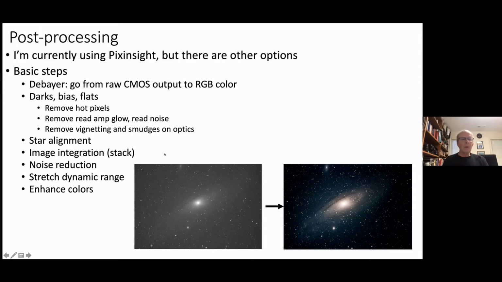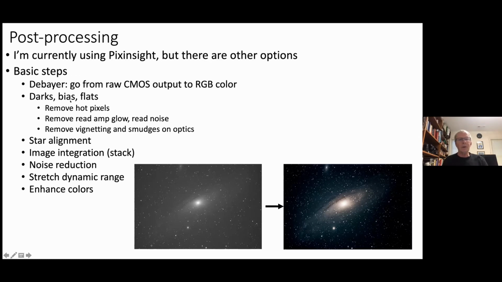And then the flats you take with a very flat light source. The cheap way is you set the telescope up in the early evening and cover it with a t-shirt and look at the light blue sky and take some pictures.